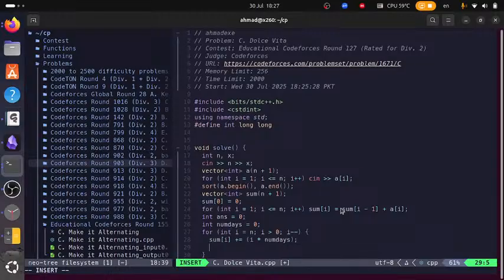So the prefix gets incremented, and this makes sense. This makes sense to me.